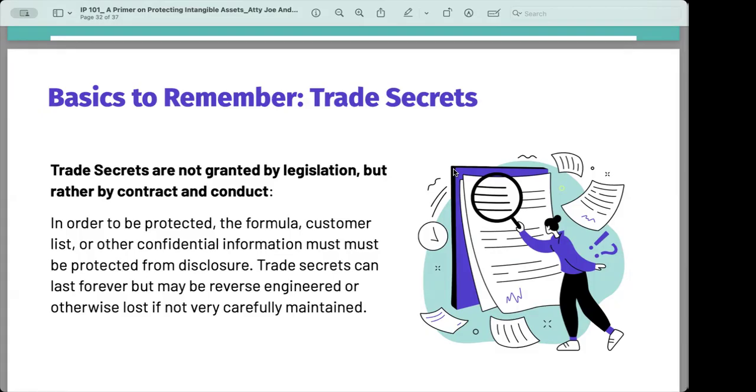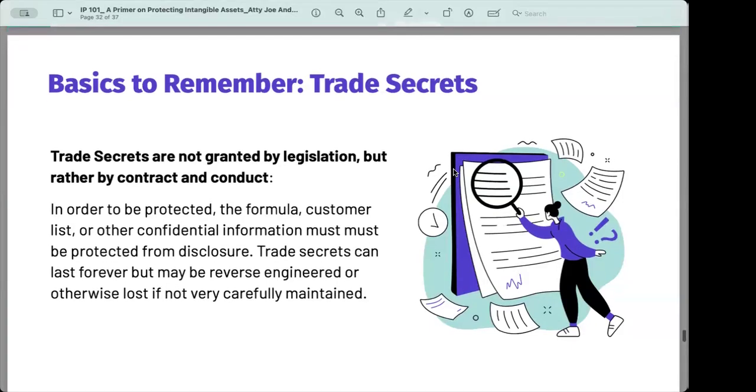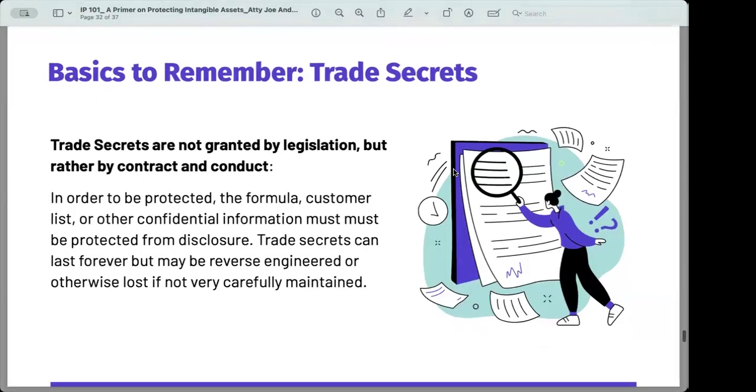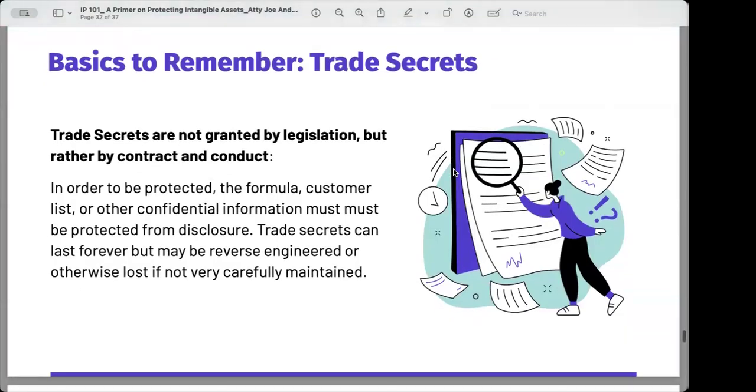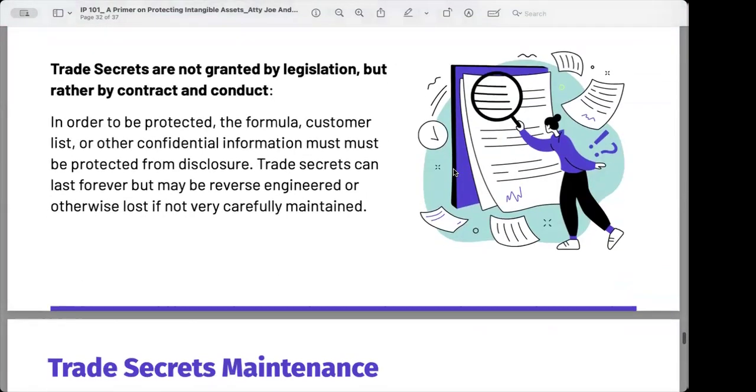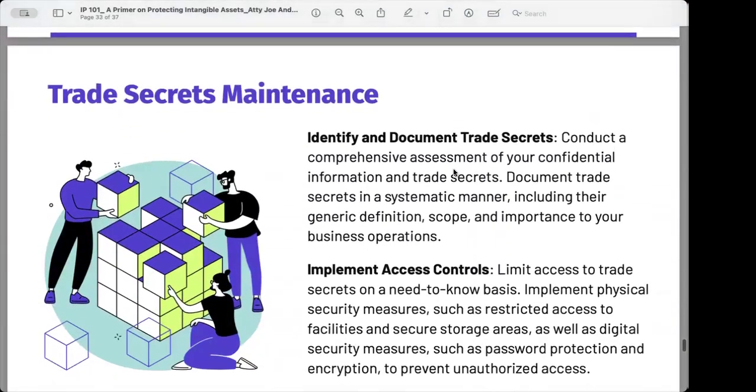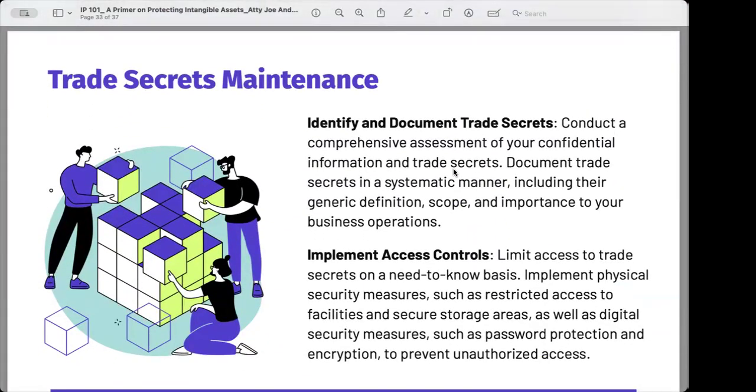I mean, can other people recreate it? Yeah, they maybe can, but the idea is if you have something and you are able to keep it secret, and it often is things like formulas, but it can be customer lists. It can be methods of doing business, can be all kinds of different things. As long as you are able to keep it secret, trade secret can be an excellent protection.